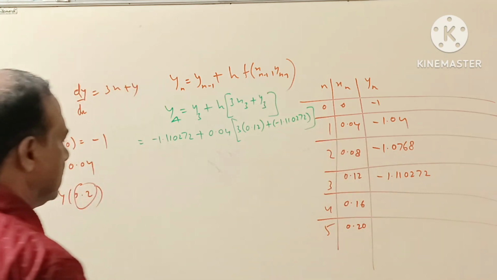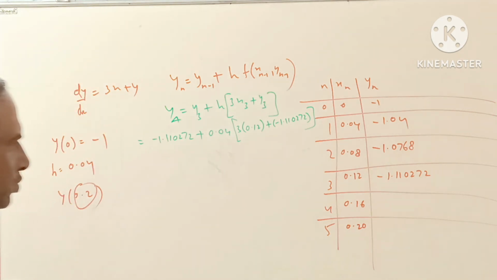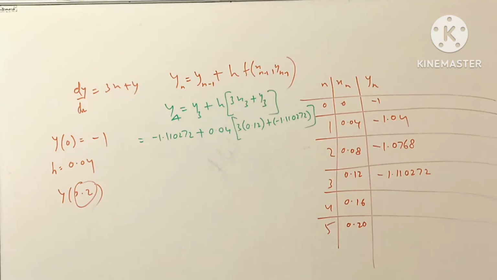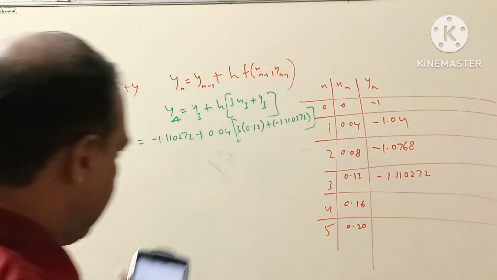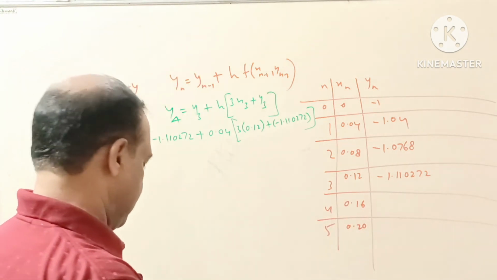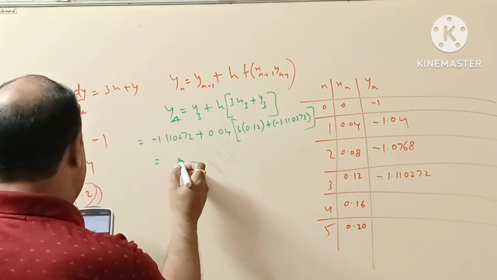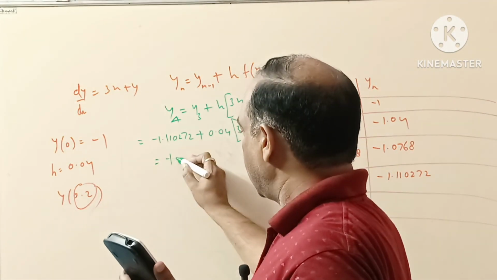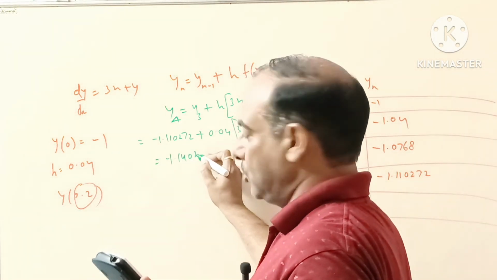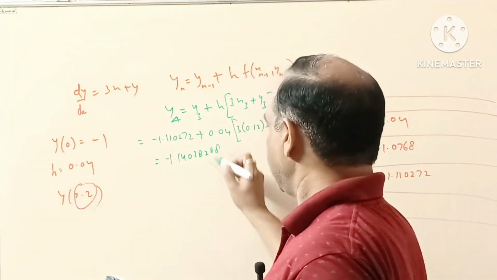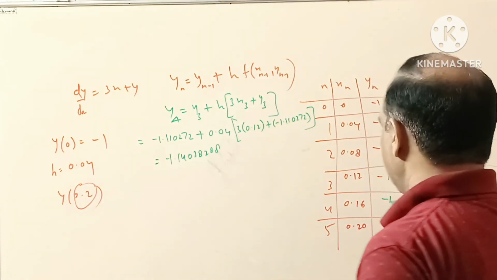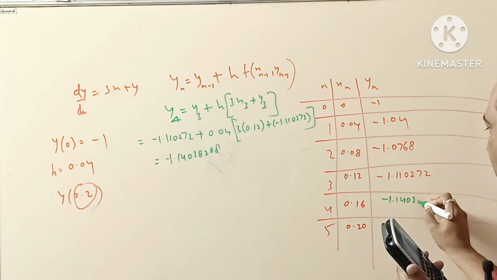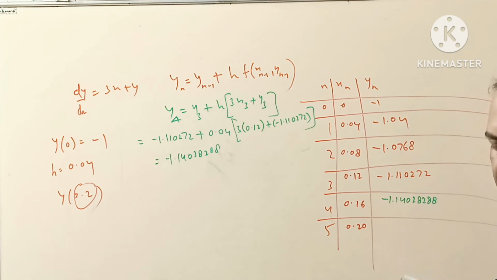Just look for the answer with the help of the GDC. Now after solving, you will have minus 1.1402828. This is the required value.